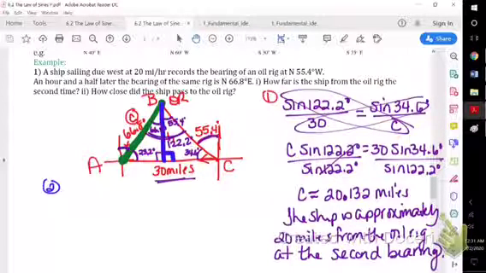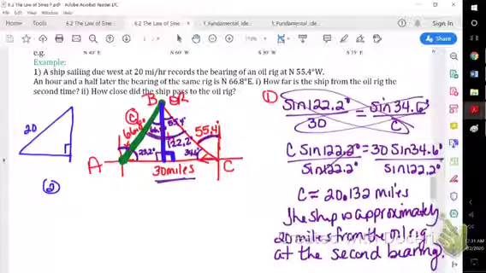So even though I really don't like to use information that I had to solve already, I think it's going to help us, because if we just look at this triangle here, I know that this was 20.132.